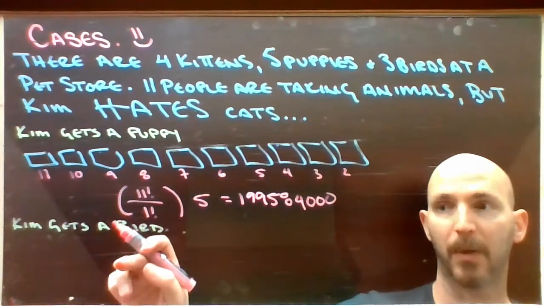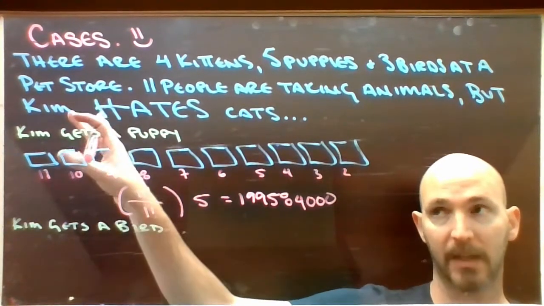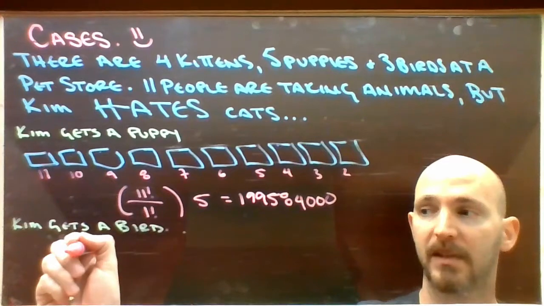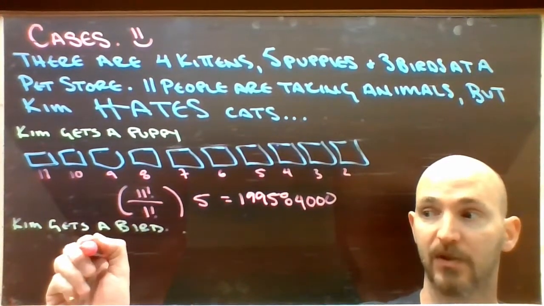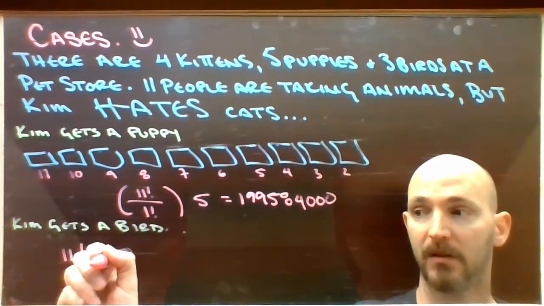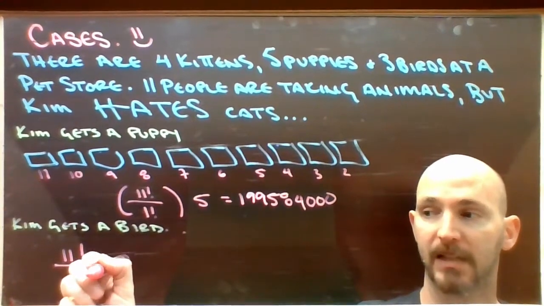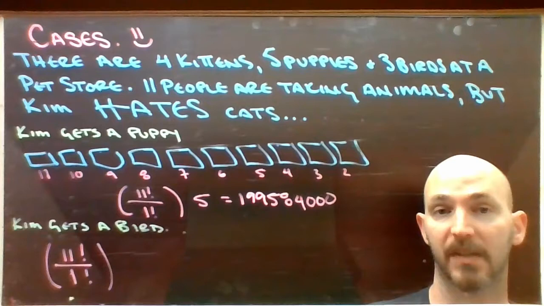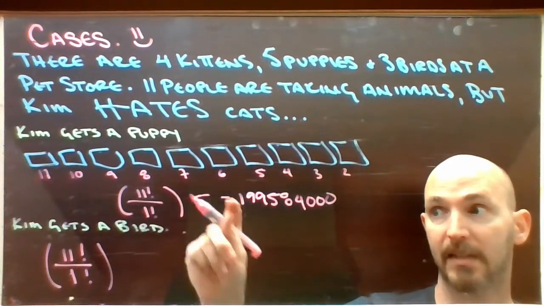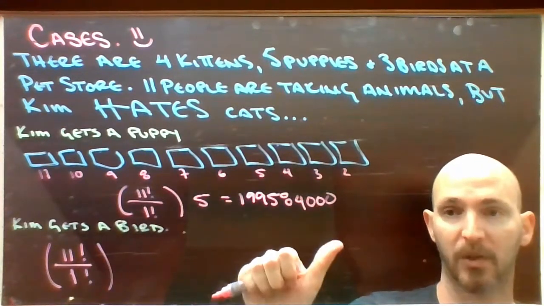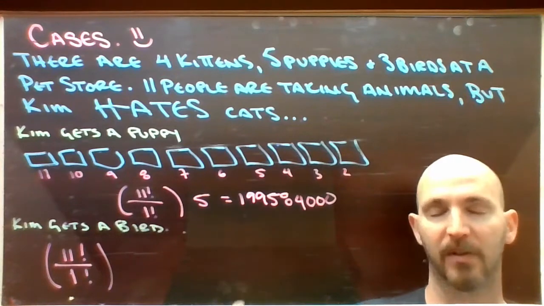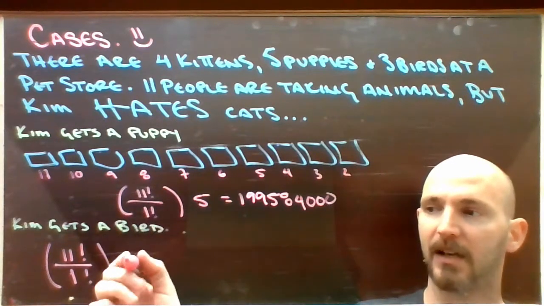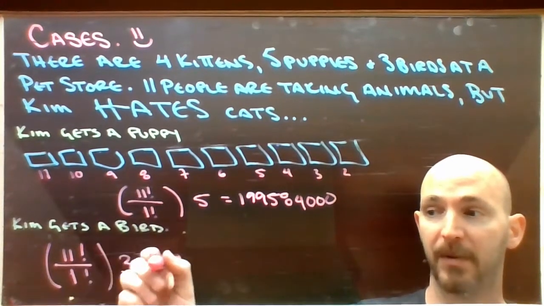Now if Kim gets a bird, so we take a bird out of the list, that still means that there are 11 animals left to shuffle amongst 10 people, which means one of them gets left behind. But if we're going to treat the animals as distinct objects, then Kim could have taken the blue bird, the red bird, the green bird. Sorry, my bird knowledge is limited. But we're going to have to multiply this by 3.